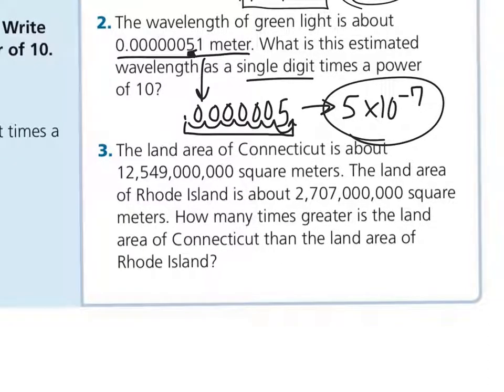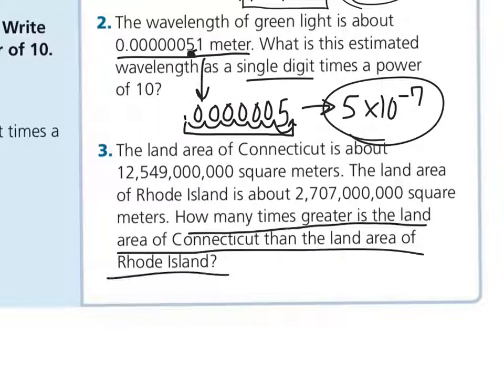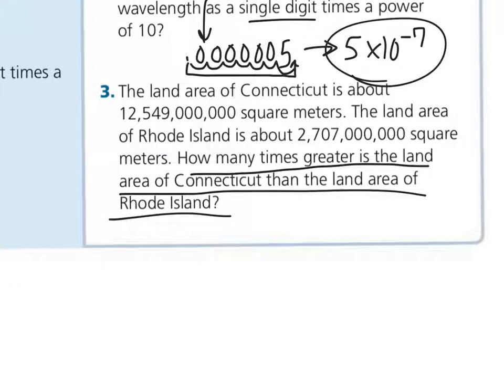Number 3, how many times greater is the land area of Connecticut than the land area of Rhode Island? So it just depends on what we're doing here, if we're rounding these or if we're doing these exact. If we do it exact, how many times greater we would want to divide.